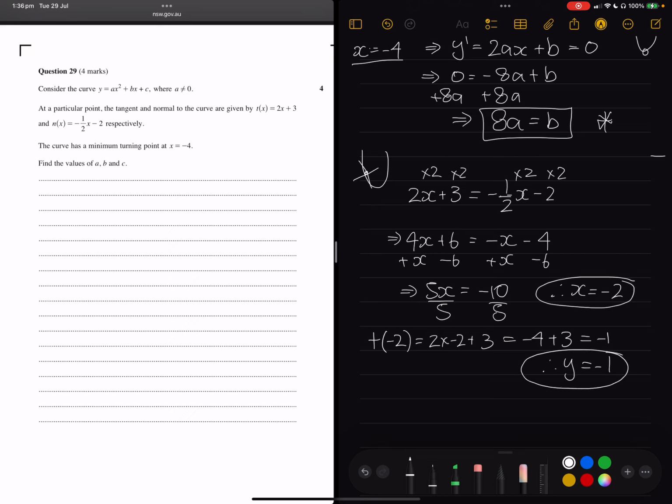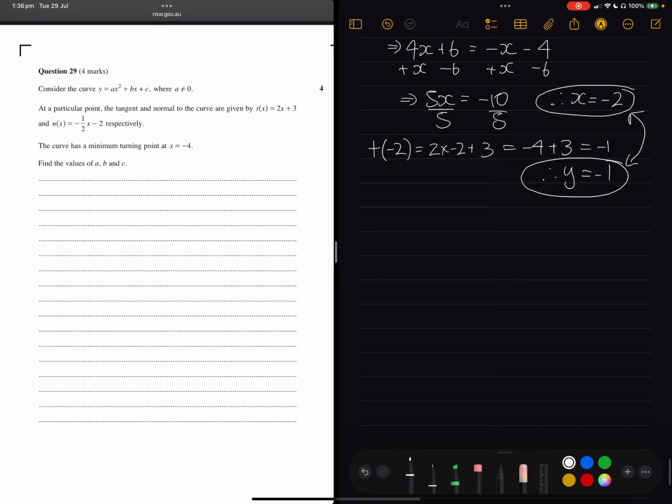So at the point where the tangent and normal intersect, whatever this dummy picture coordinate shows us, it has x coordinate -2, y coordinate -1. And we also have to remember that 8a is equal to b. So we have a lot of really useful information here. Now we just need to find values for a and b.